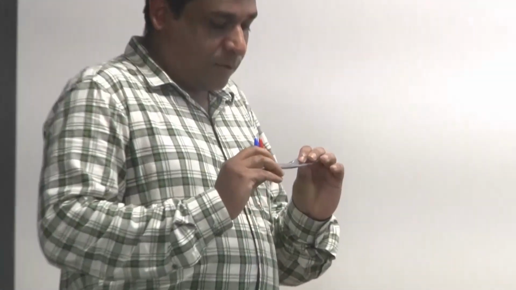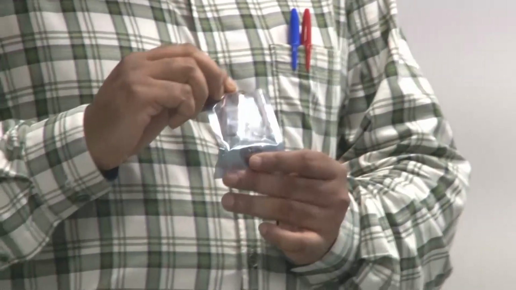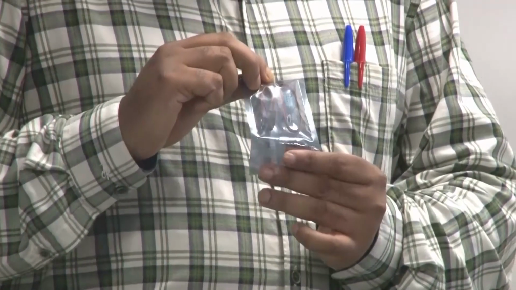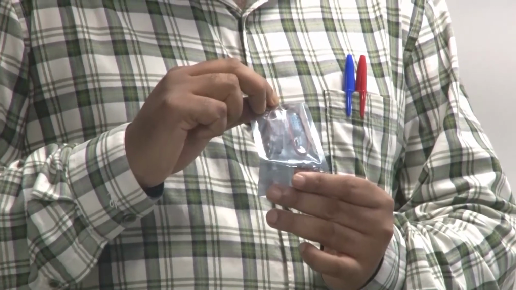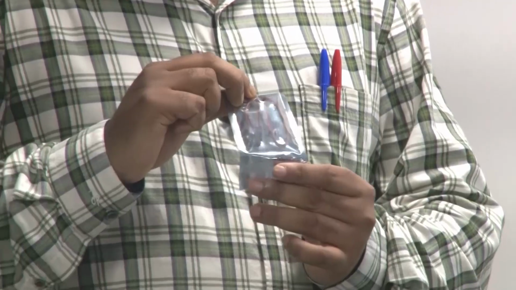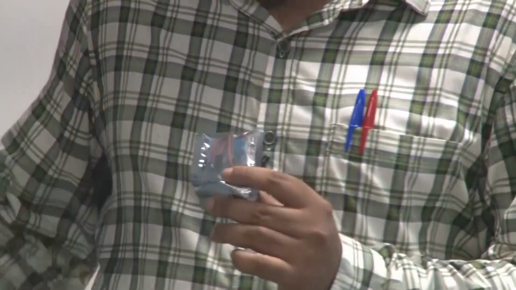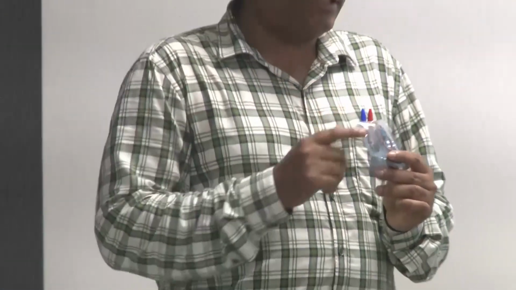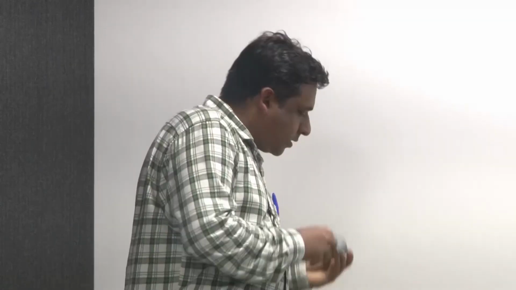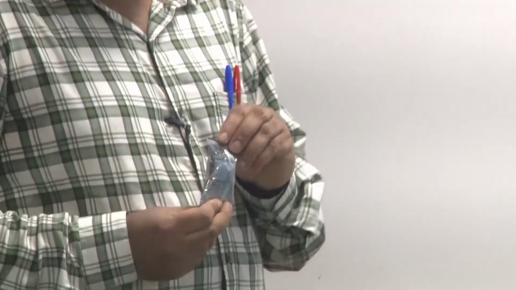In addition, I have a number of sensors. This is a temperature and humidity sensor. It will sense the temperature and the humidity in the environment, and then you can transmit that data over Wi-Fi and see it on your smartphone or any other device. This here is a motion detection sensor.